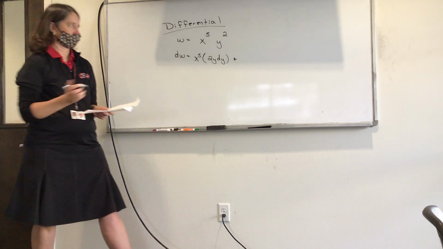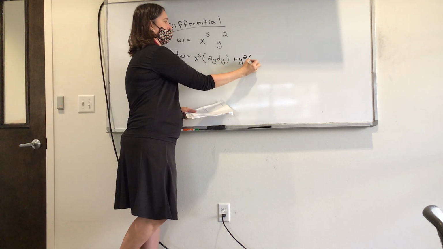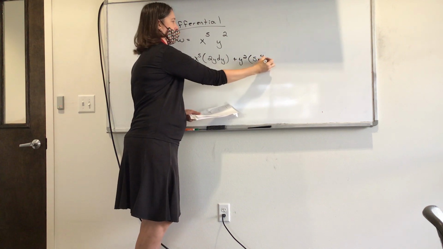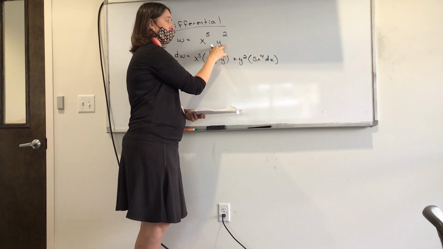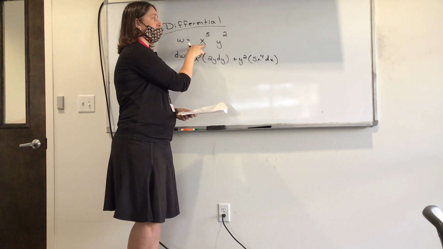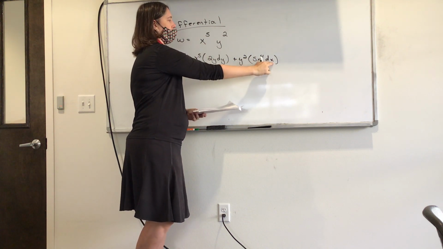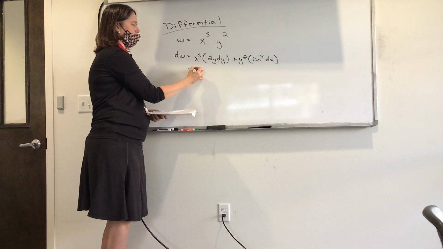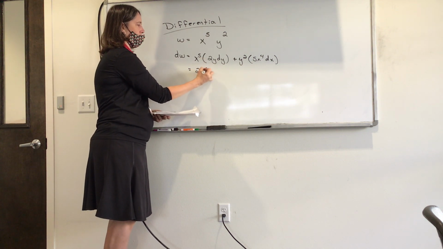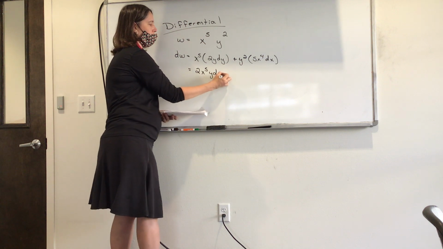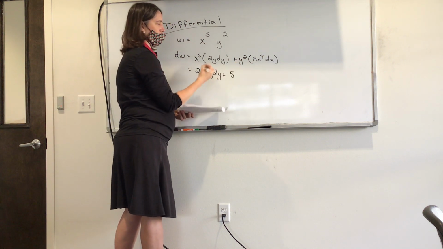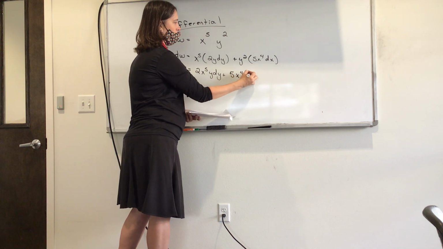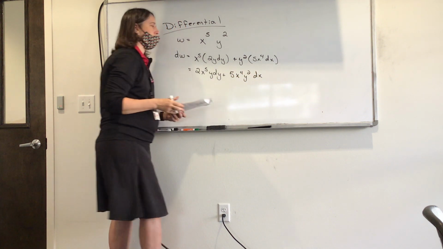Y squared times 5x to the 4th and dx. So I use the original second part of the function times the differential of the first, so I do its derivative of the variable x, so dx. Again, just neaten that up a little bit, so coefficient first, and I have x to the 5th y dy. Coefficient first again, I'm just going to match the order of the variables, the x, then the y, then I'll finish with my differential dx.